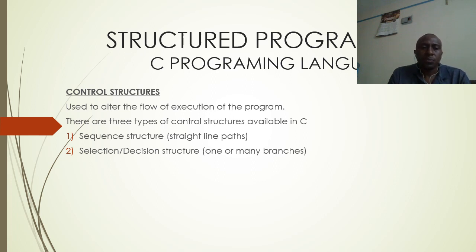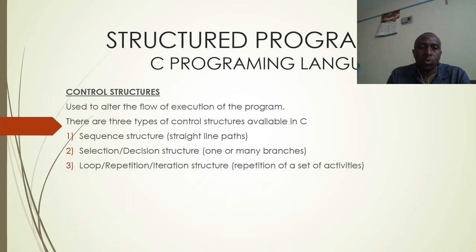This means you select a specific statement to execute depending on the condition that you provide to your program. The third one is the loop, repetition or iteration structure, that is the repetition of a set of activities. This is whereby you execute statements repetitively depending on the condition that you provide.